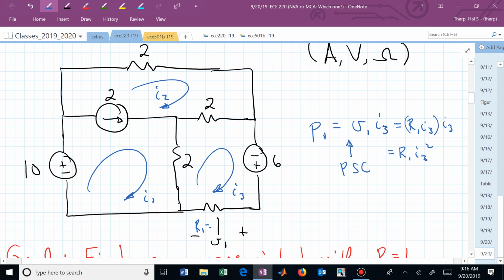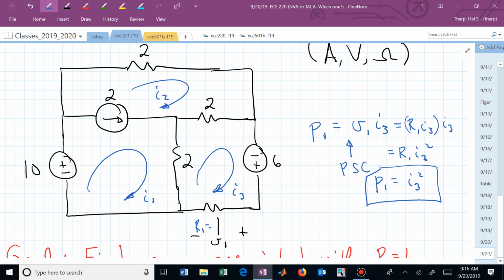So Ri squared is the power. And in this case, R1 was 1, so our formula eventually that we will use will simply be squaring the current through that resistor, since the resistor has a resistance of 1.